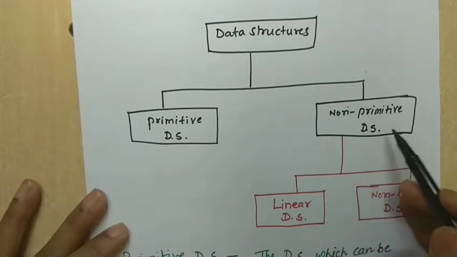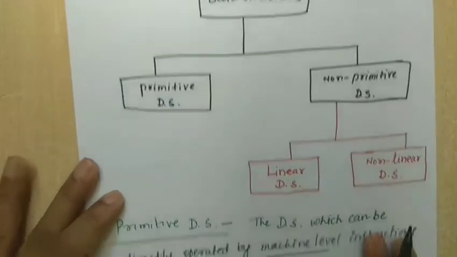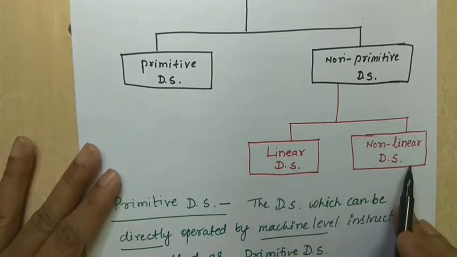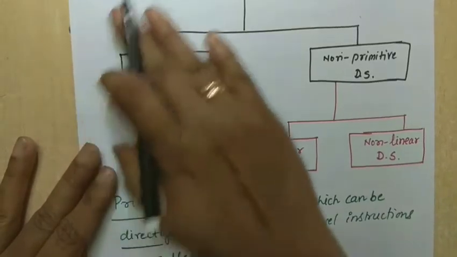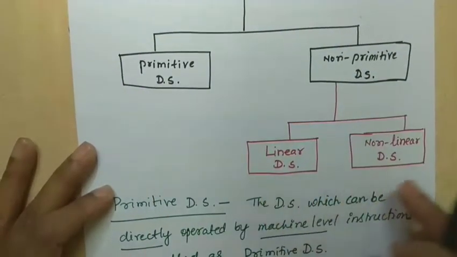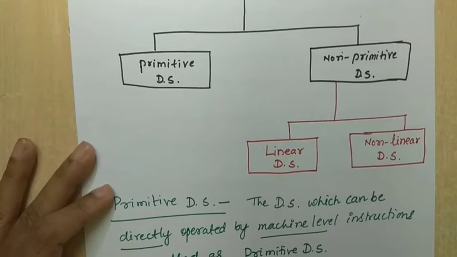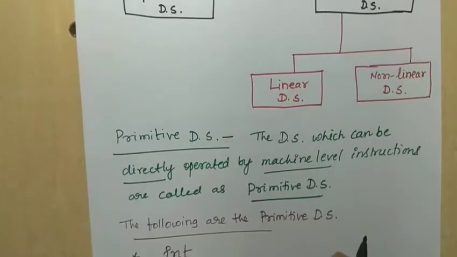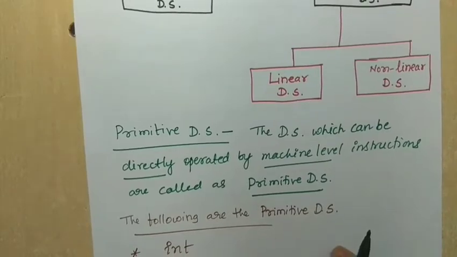The non-primitive data structure subdivides into linear data structure and non-linear data structure. We will go through all these different models, primitive, non-primitive, linear, non-linear, one by one in the coming videos. Today I'll just give the introduction to primitive data structure.